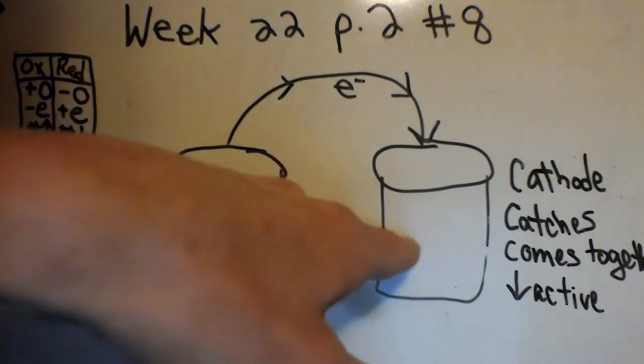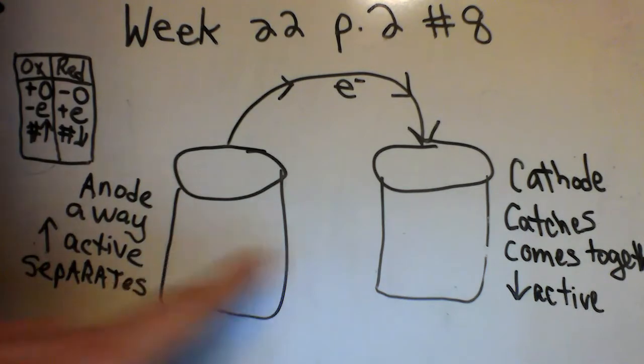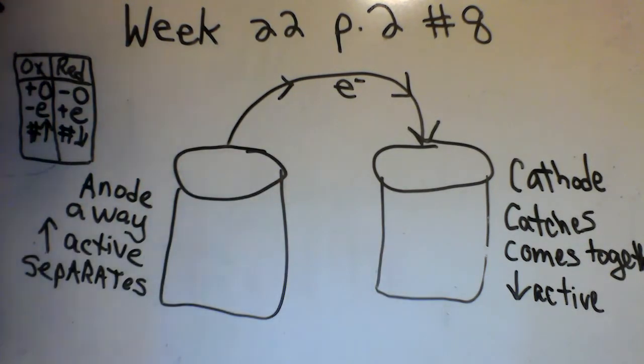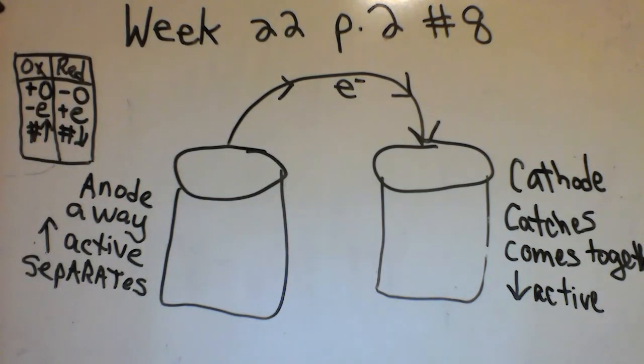Now we have to decide which one of the two half reactions goes on either side. The first step is going to be to look at the reduction potential measurements. There is a chart showing the standard reduction potentials measured in volts on page 693 of your book.